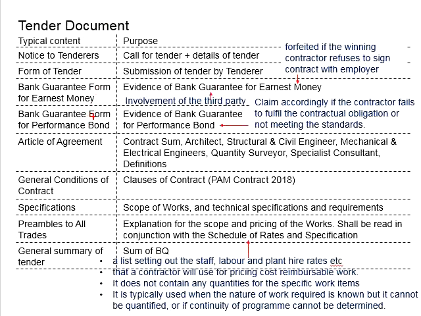Next, there will be the bank guarantee form for the performance bond. Similar principles apply. This involves a third party, which is the bank. The money is set aside by the contractor, which is not in the hand of the employer. In the case that the employer is entitled to claim, the employer will claim directly from the bank.